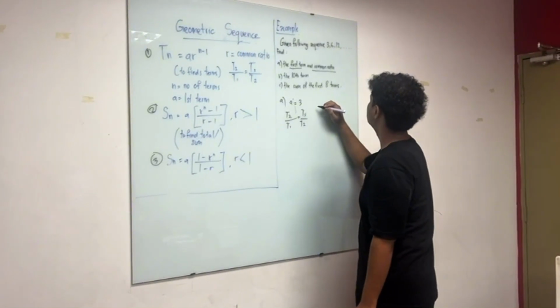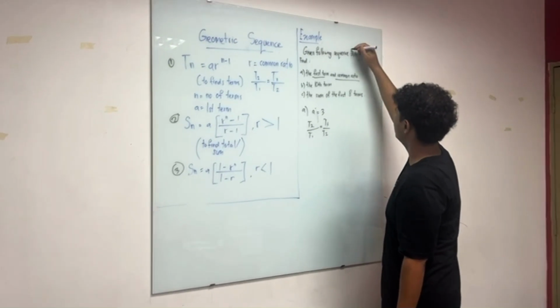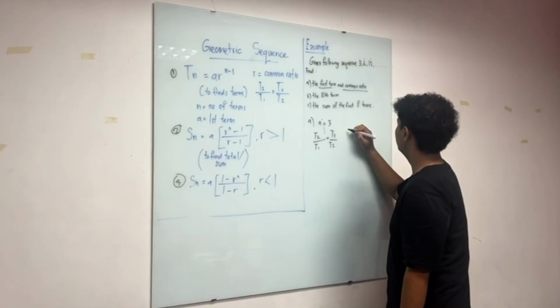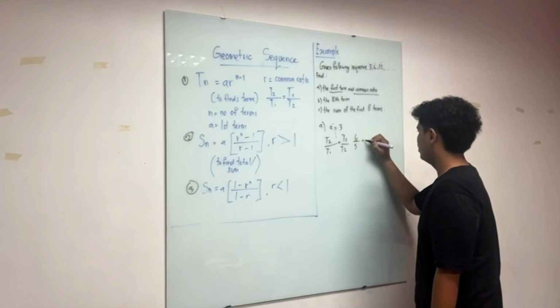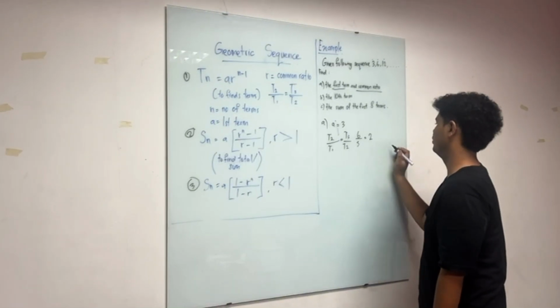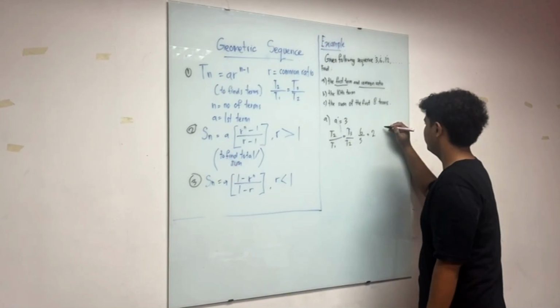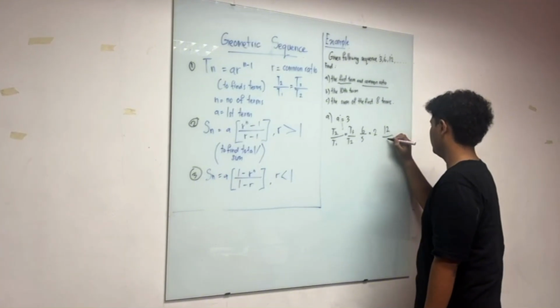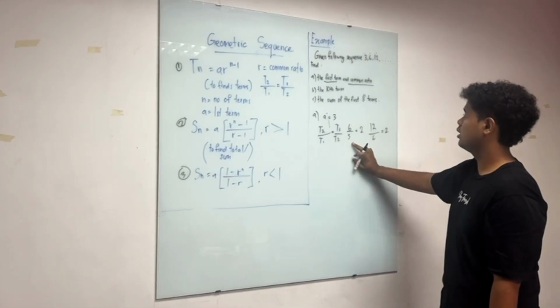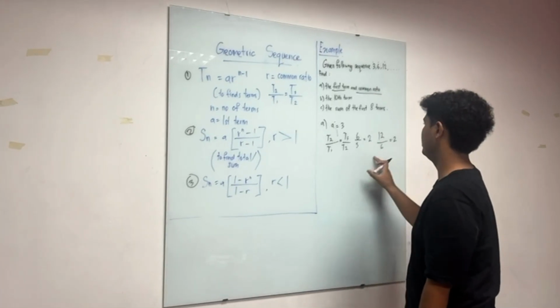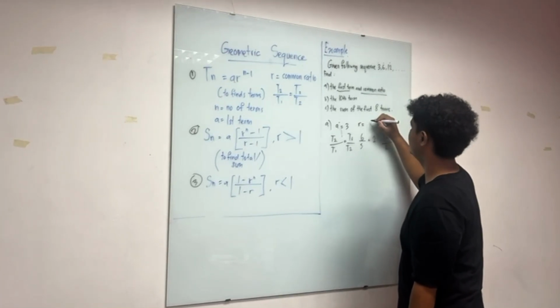So we substitute: T2 divided by T1 is 6 divided by 3 equals 2. T3 is 12 divided by 6 equals 2. So the common ratio is the same. So r is 2.